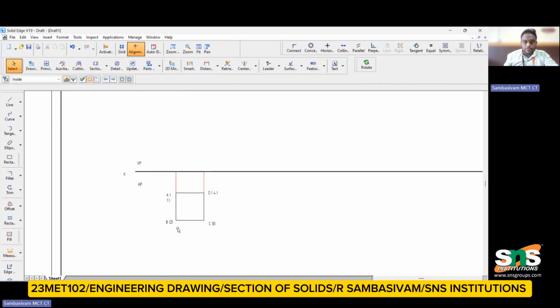Sometimes the views cannot be clearly understood, so the views can be easily understood this way. Then only can we track the lines based on our requirements.